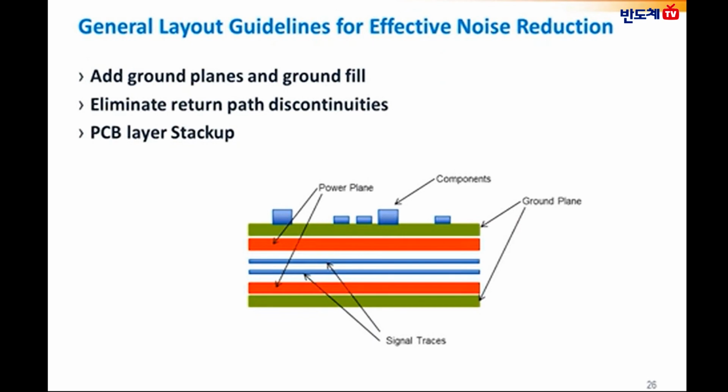And also, it is worth noting that connecting the ground planes by using multiple vias will reduce the inductance of the trace. And also, the other point is to eliminate return path discontinuities.